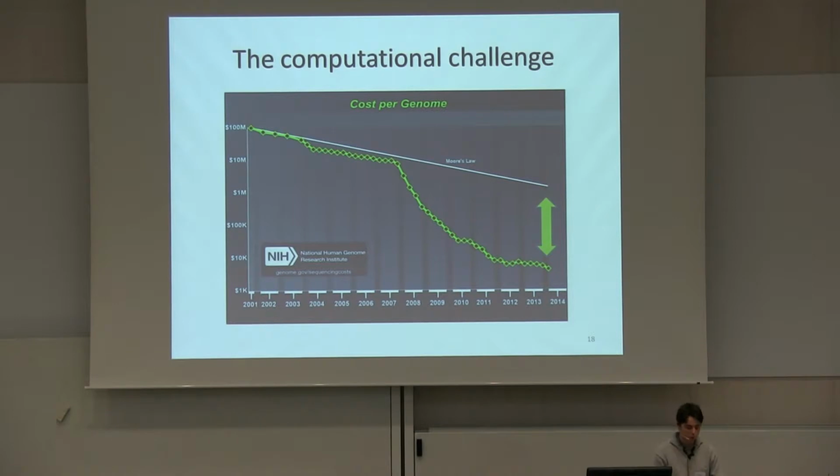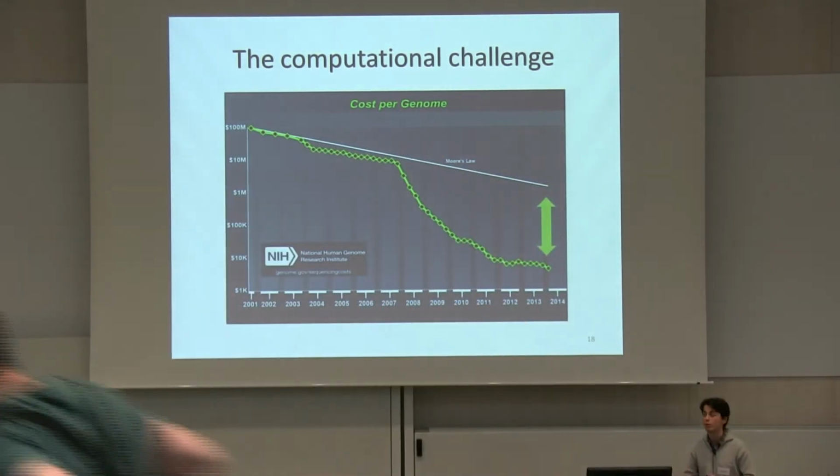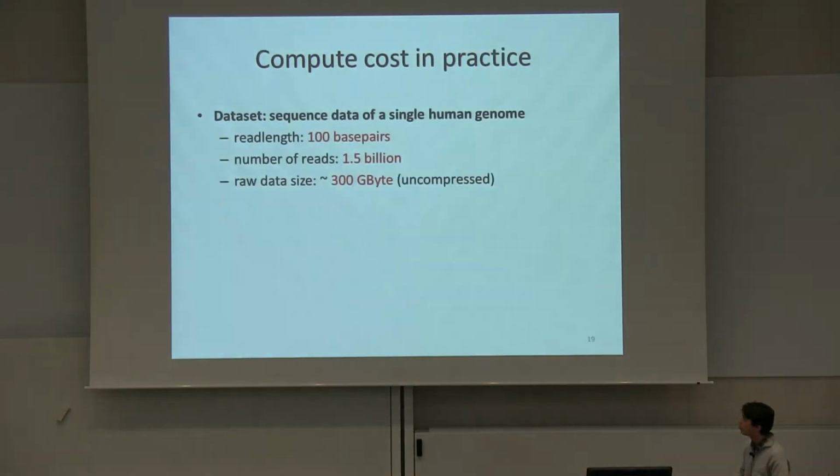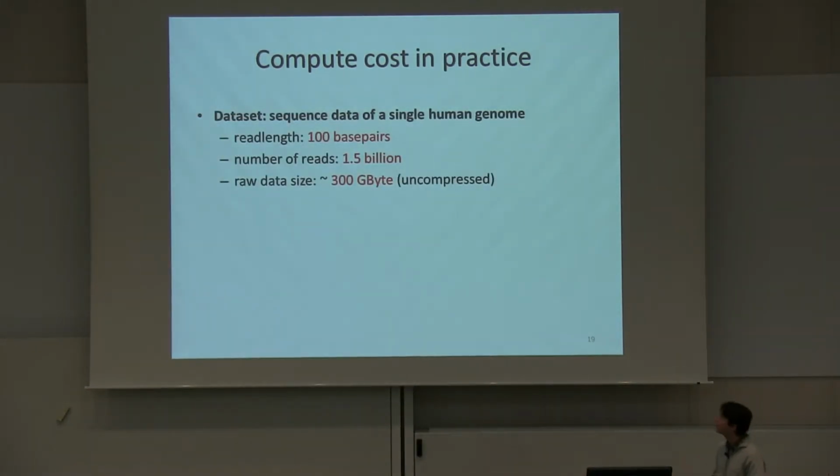Well, this graph has been shown multiple times. The problem is that, since, let's say, 2008 and 2014, the decrease in sequencing cost has outpaced the decrease in compute cost by a factor of 1,000, if not more. So what does it mean in practice? Let's take a data set of a single human being.